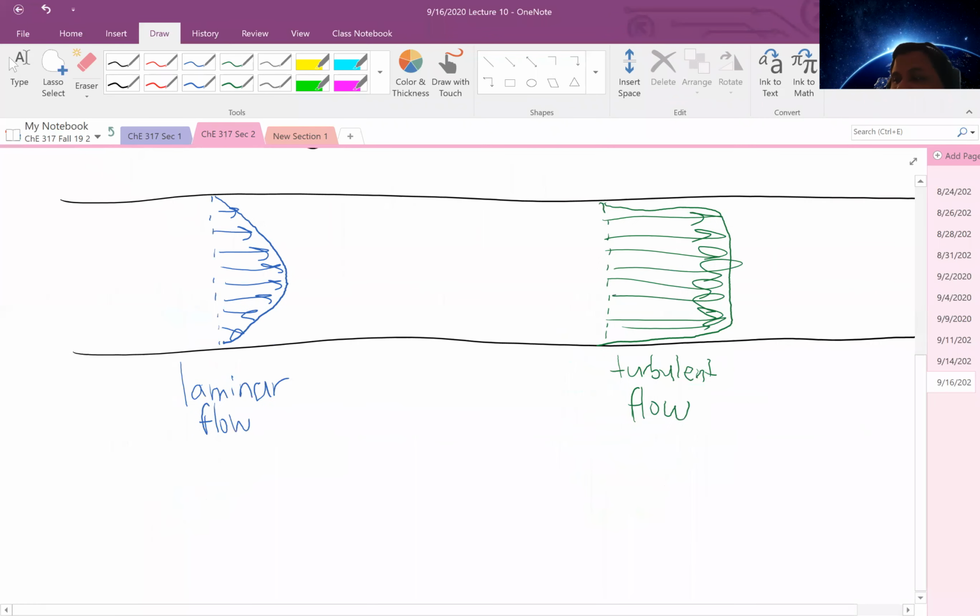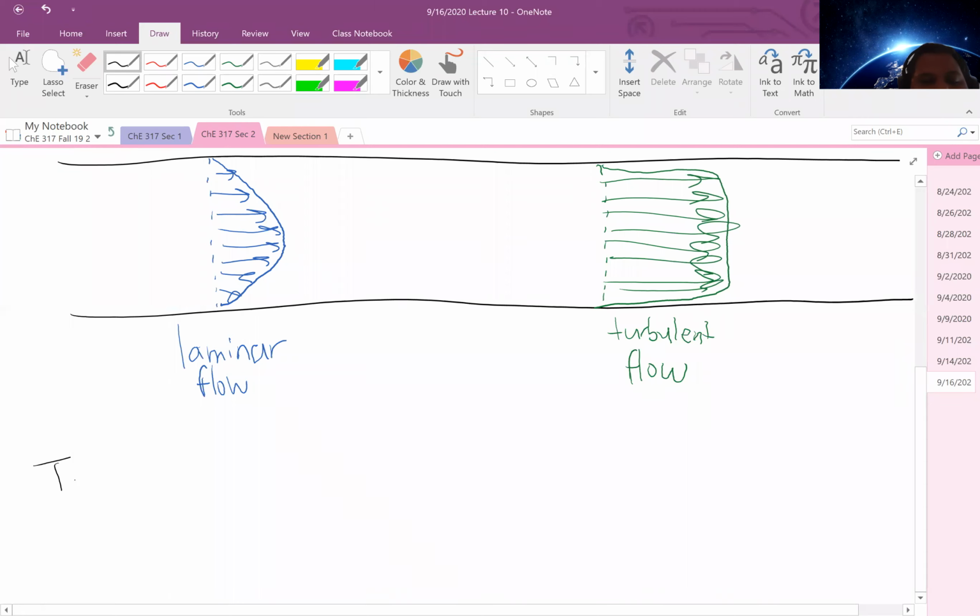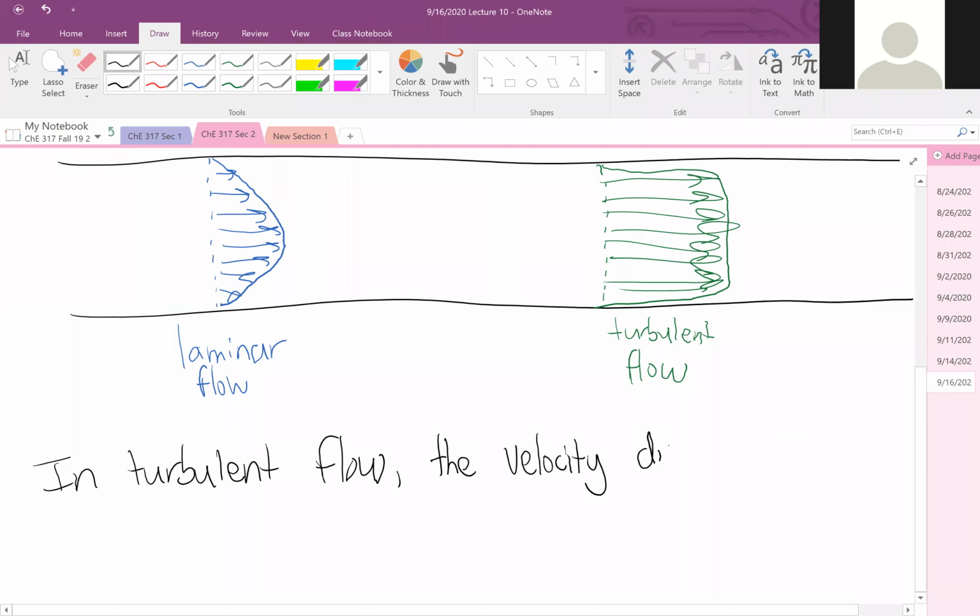And so what this tells us is that in turbulent flow, the velocity distribution is more even.